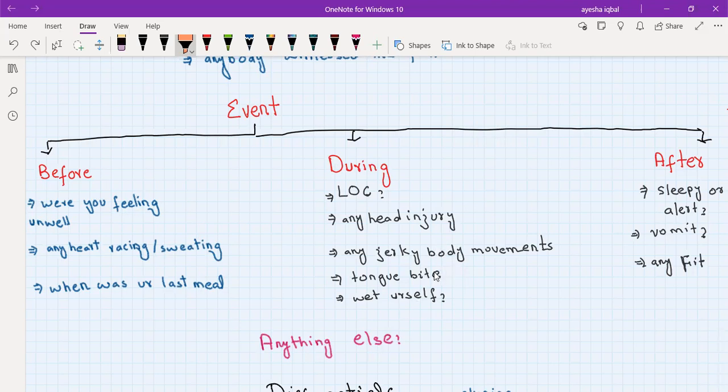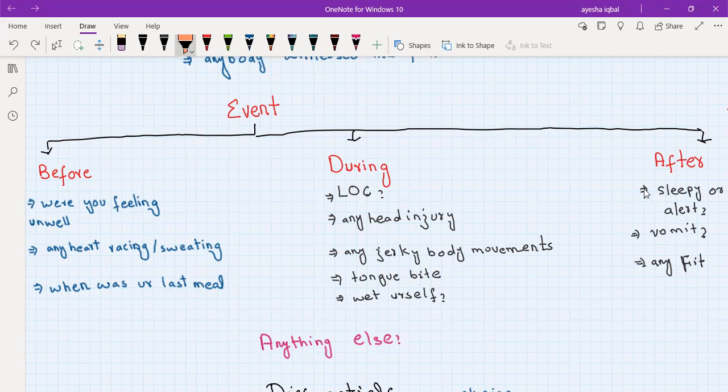If present, they mean that the patient has experienced a seizure. So these three questions are for seizure. The head injury question is to know whether the patient has experienced any head injury during the fall, and if so, what the extent of the injury was, which is also very important.